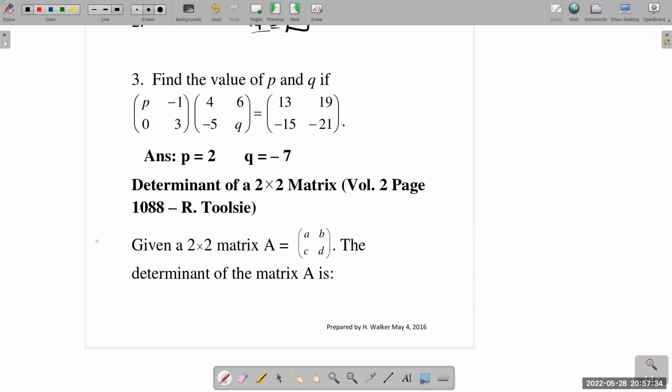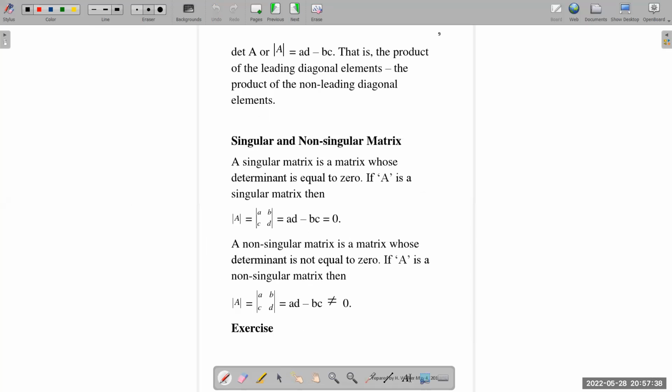All right, so we're going to keep it moving. Determinant, extremely important in matrices. So let's move on to determinant. We should know the determinant could be represented by determinant A or 2 lines. This means determinant of A, and this has a formula, AD minus BC, right?